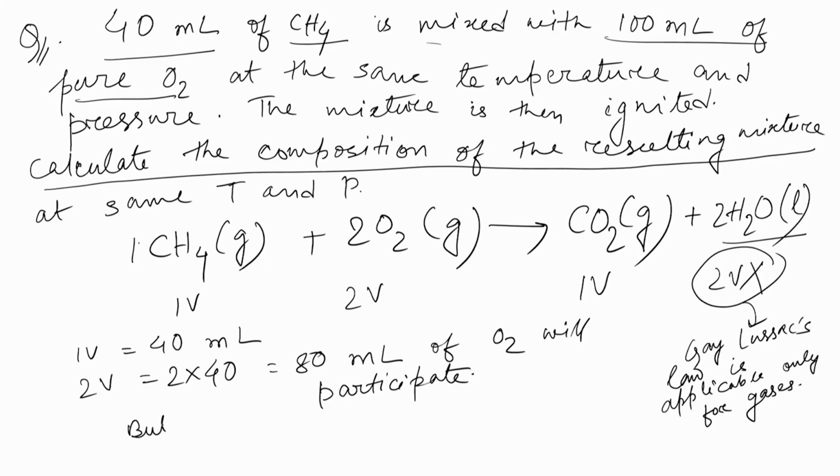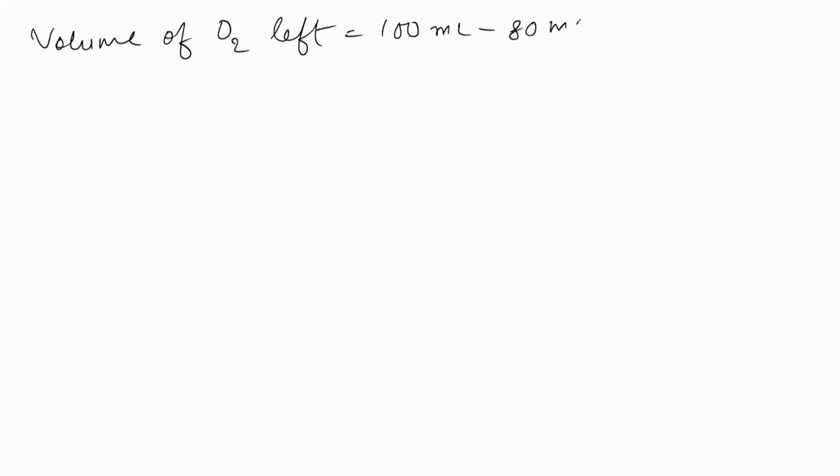But total volume of oxygen is 100 ml, right? So 80 ml of oxygen will be consumed from 100 ml. So volume of oxygen left is 100 ml minus 80 ml, that is 20 ml. 20 ml of O2 remains unreacted.